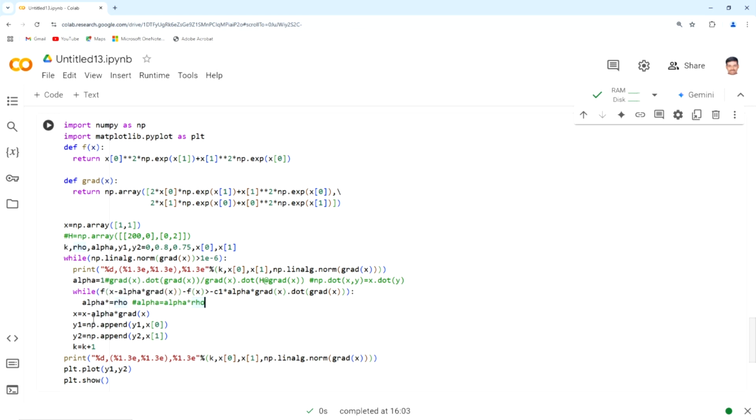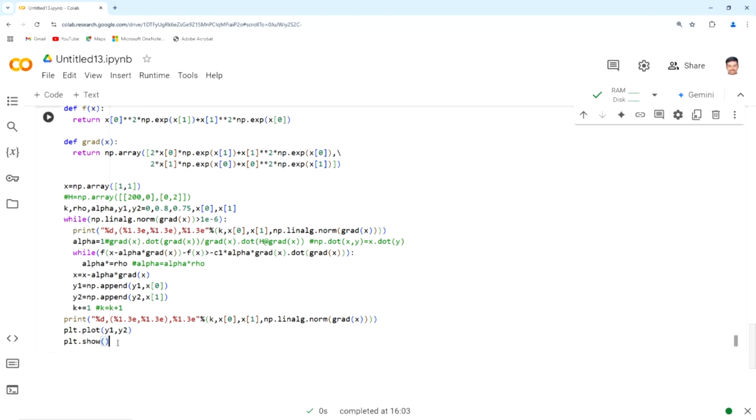So, you have x minus alpha into g, and I am just appending the values of y 1 now. And I am adding k. Here I can also write it as k plus equal to 1, which is the same as writing k equal to k plus 1.